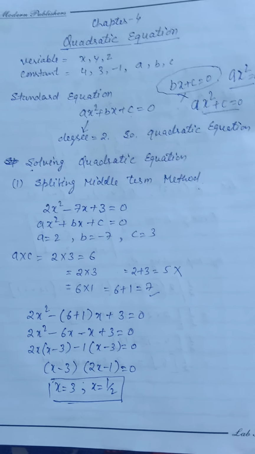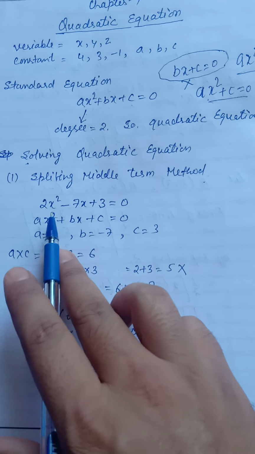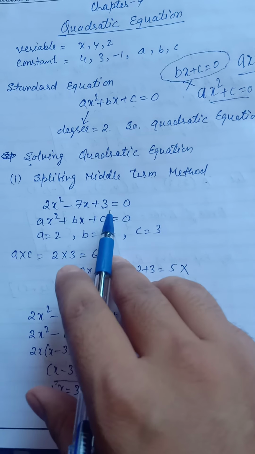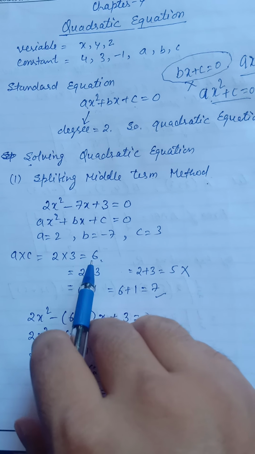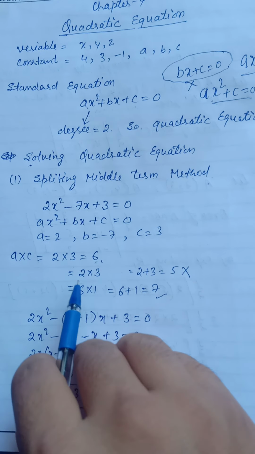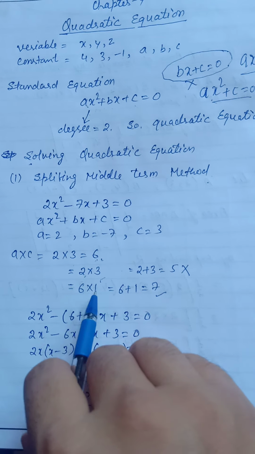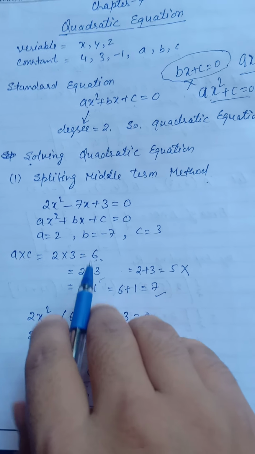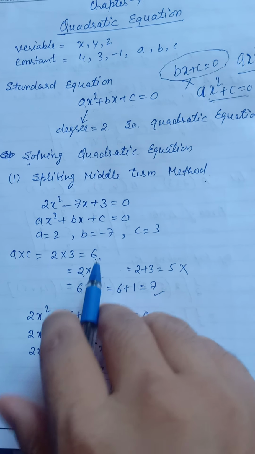First we will multiply a and c. In this question we have a is 2 and c is 3, so that comes 6. Now we should factorize 6 as 2 into 3 and 6 into 1. There are two factors that can be made, 2 into 3 and 6 into 1.